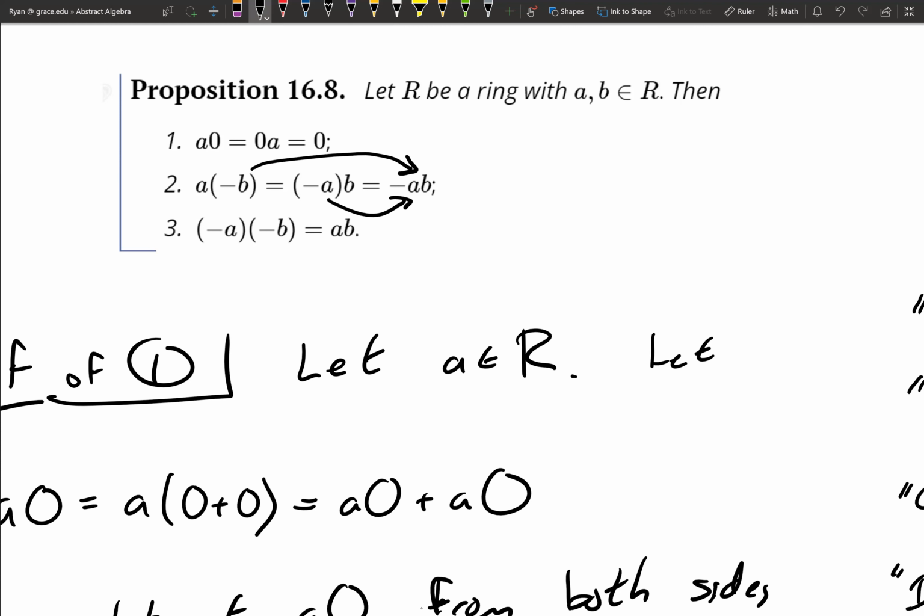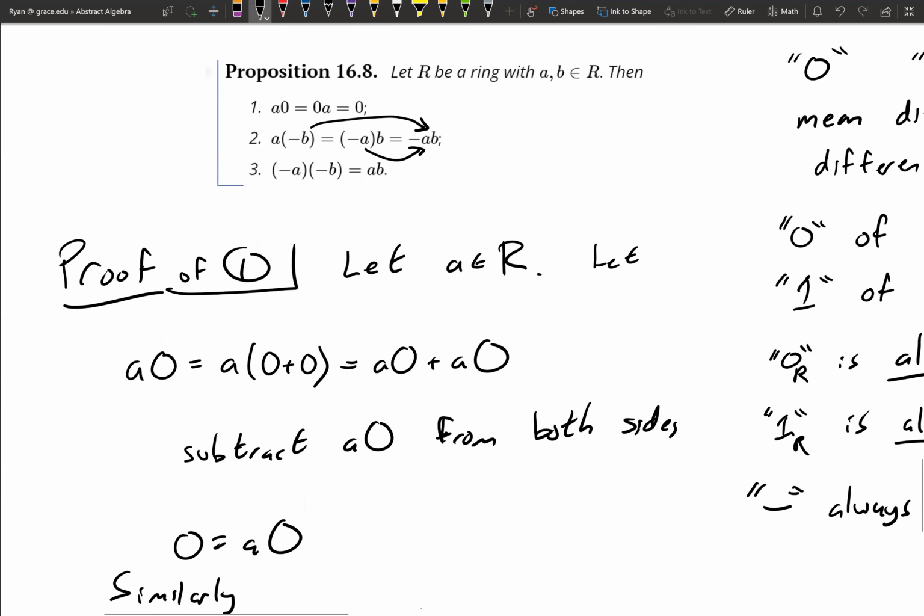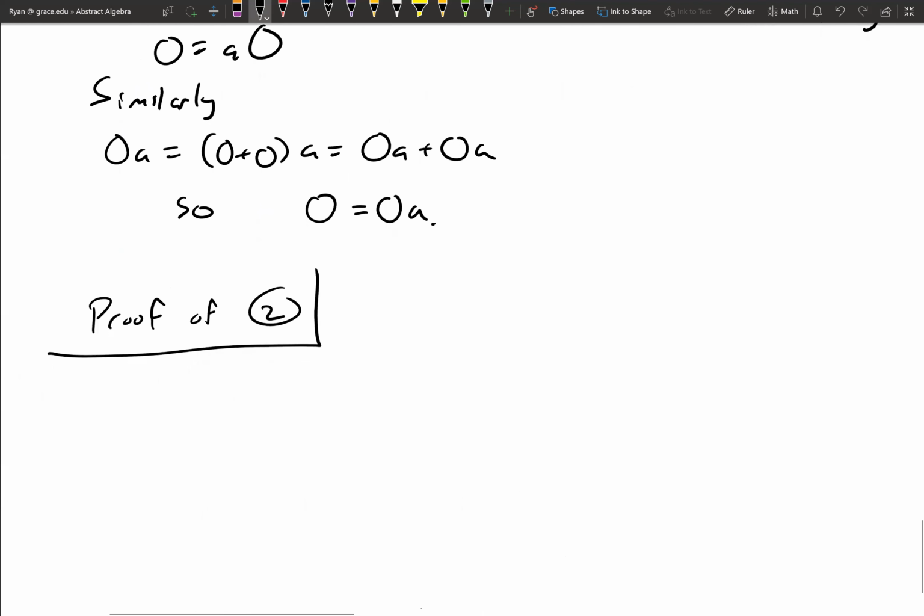It's a product of A and B. So the negative in front of AB means what? The additive inverse of AB. So if x plus AB equals 0, then x equals negative AB. That's what the additive inverse is, right?